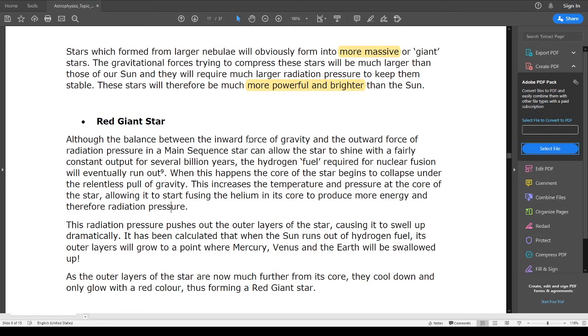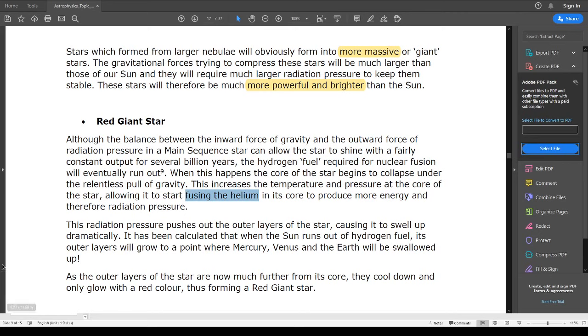Hydrogen nuclear fusion, right? Hydrogen nuclei were fusing into one another and producing helium. But those helium nuclei that were being produced were not fusing into one another. Why? Because hydrogen fusion requires high temperature and high pressure. However, the fusion of helium requires even higher temperature and pressure.